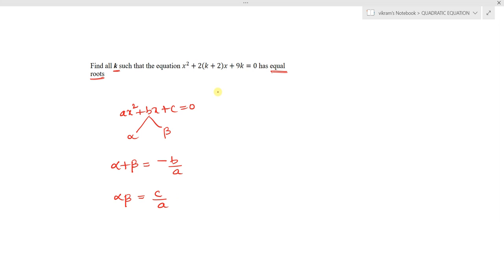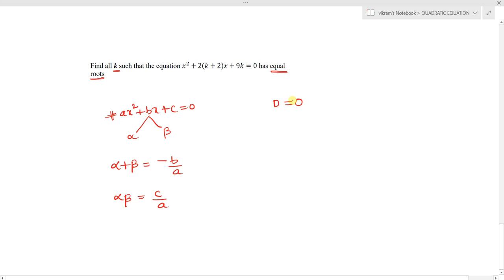And here it asks us to find all possible values of k, if the roots are equal. The nature of the roots is given as equal. The roots are equal when the discriminant equals 0.